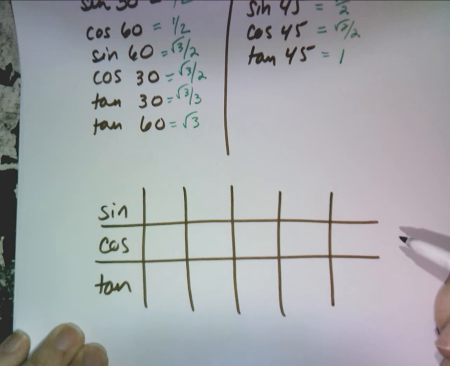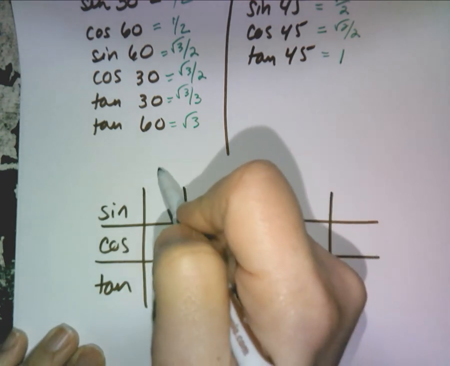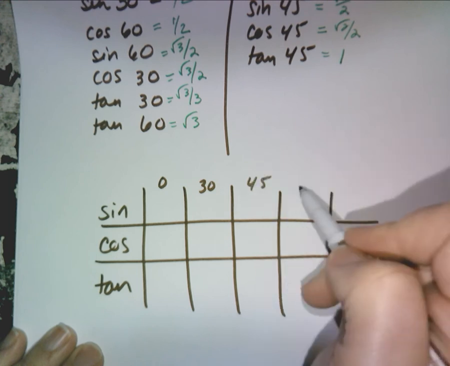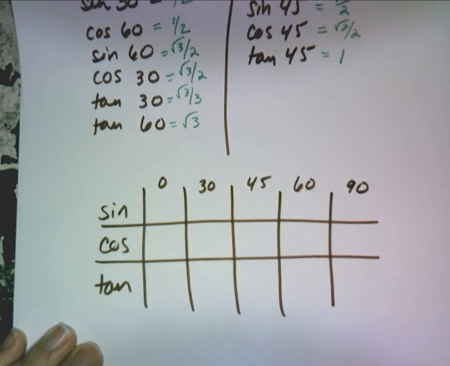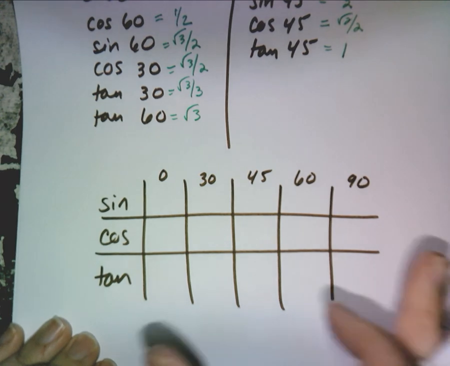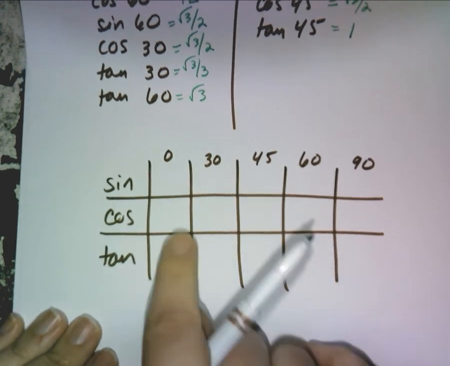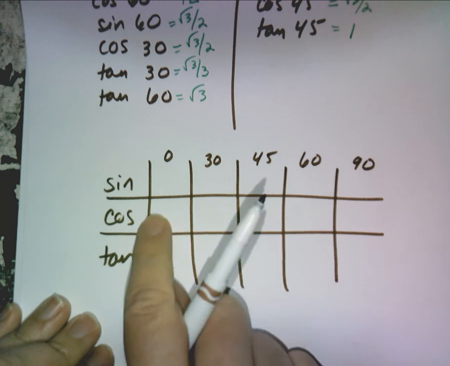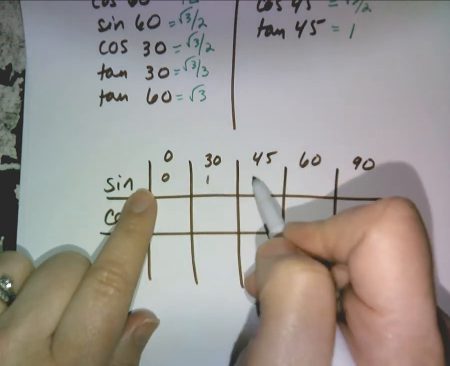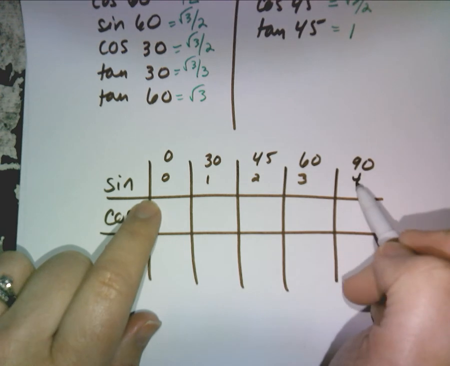Maybe? In this first column, you would have 0 degrees, 30 degrees, 45, 60, and 90 degrees. I'll write the radians in a moment because you should know the radians also. And then the trick to this part is doing the following. You start here and you go 0, 1, 2, 3, 4.